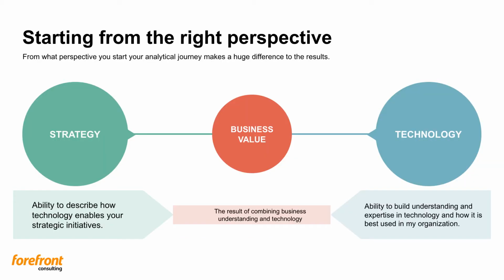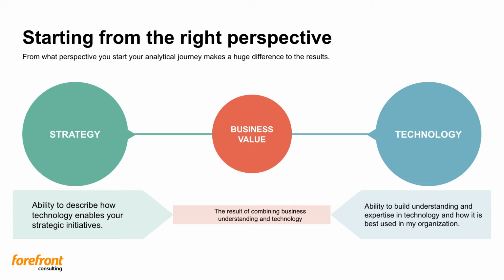Now what I would like to end with is starting from the right perspective. And when we come to that, naturally you would like to deliver business value. That's what everybody would like to do. So you need to have a clear view of how you deliver your business value. But what we have seen is that many start from a technology perspective, and they're trying to convince people or companies what technology to use to achieve this business value.